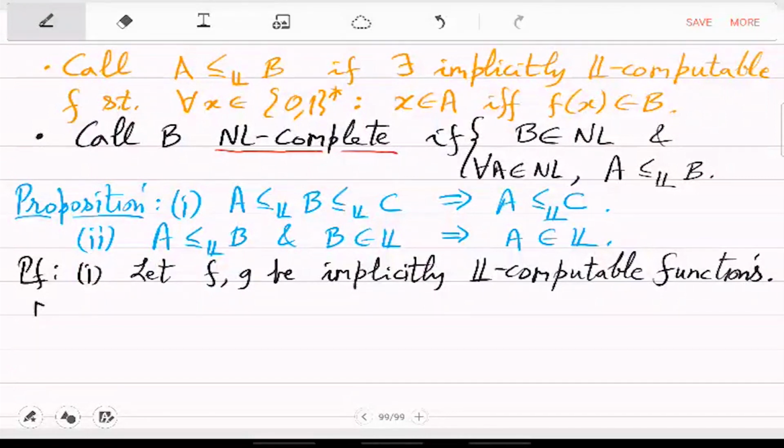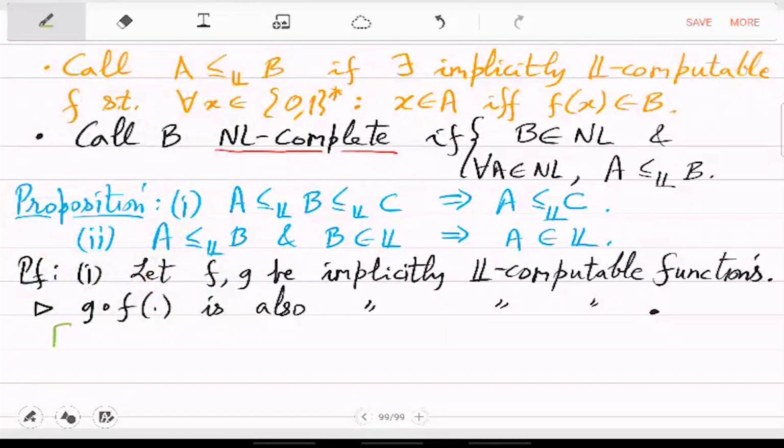Then the claim is that g composed with f is also implicitly L computable. Okay, why is that? Why is the composition also implicitly L computable?